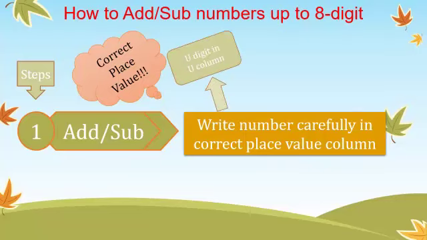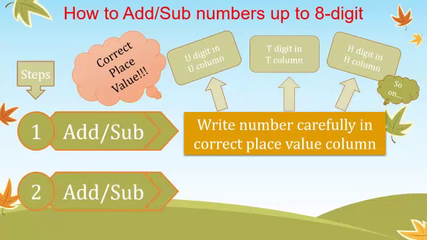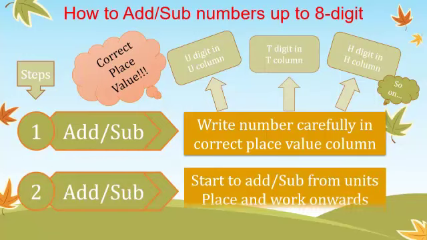It means that you write the unit digit in unit column, the tens digit in tens column, and the hundreds digit in the hundreds column, and so on. Step number 2 of addition and subtraction of any number is that you start to add or subtract from the units column and work your way onwards.